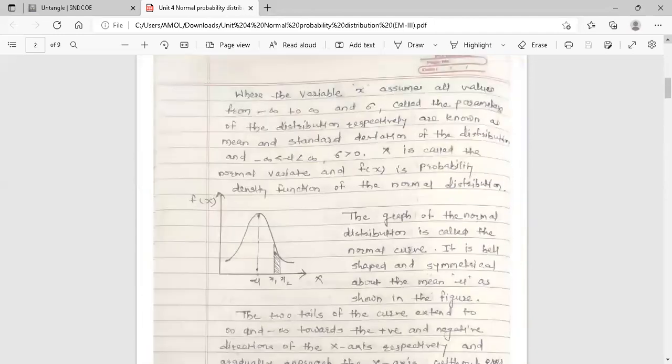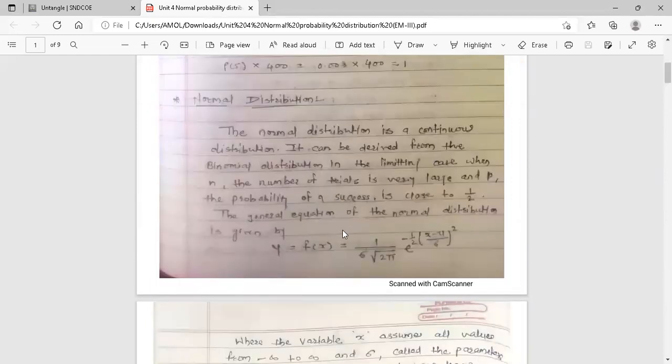See, this is the general equation of the normal distribution. Now we have converted x in terms of z, so your function is f of z is equal to 1 upon sigma. When we introduce z, the standard normal variable, the value of standard deviation is 1, so sigma is 1, and mu, the mean, is 0.